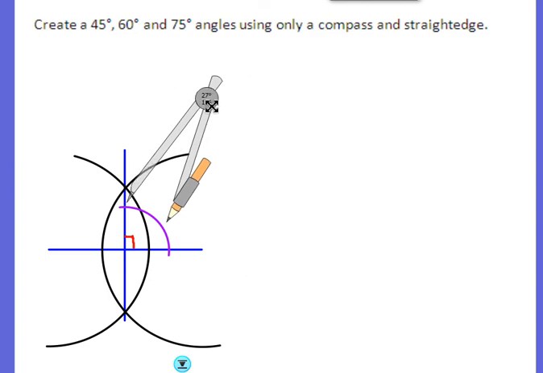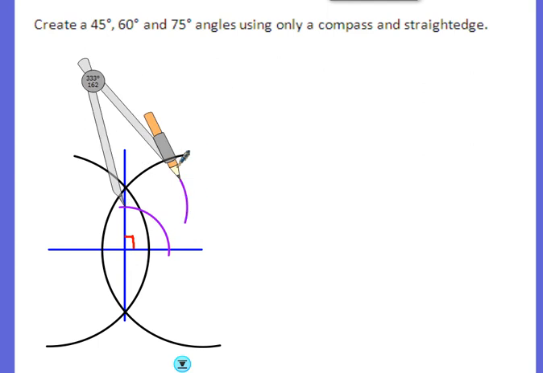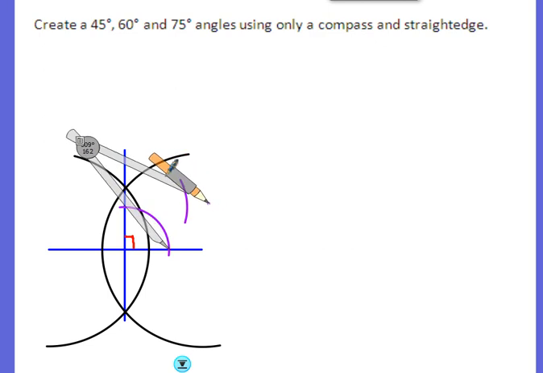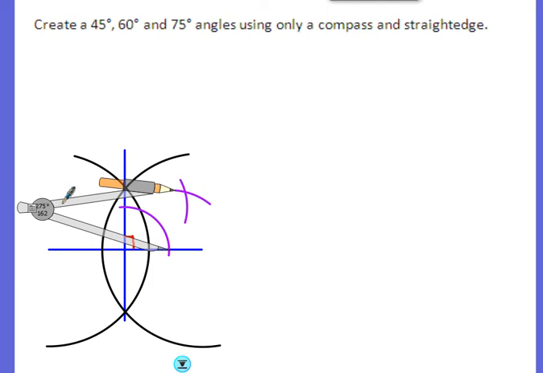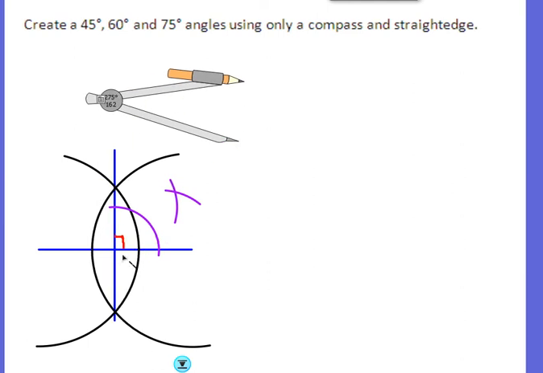So we make an arc any size. We can change this size if we want now. And we make 2 new arcs. Boom. There we go. Now we connect those. There's our angle bisector.